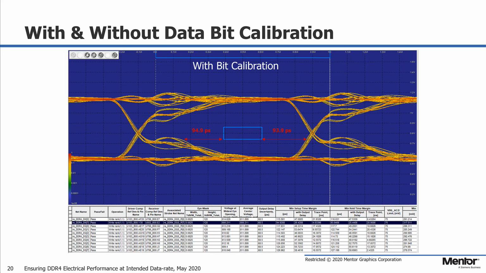With the bit calibration turned on, the setup and hold margins are now more balanced. The takeaway here is that if the controller doesn't support this feature, then the length matching becomes very critical on the board for the eye mask to be centered within the eye on the time scale.